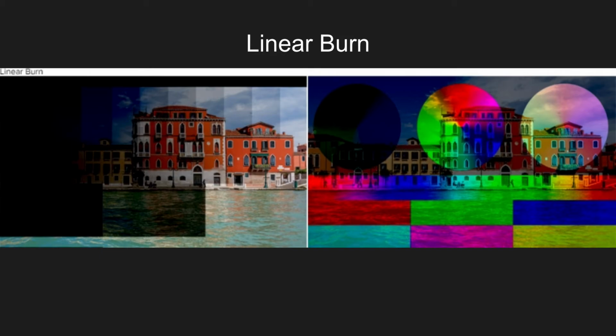So the result is darker than multiply, but less saturated than the color burn, all right? A little darker than multiply still, but less saturated. Linear burn also produces the most contrast in darker colors than any other blending mode in the darker group.